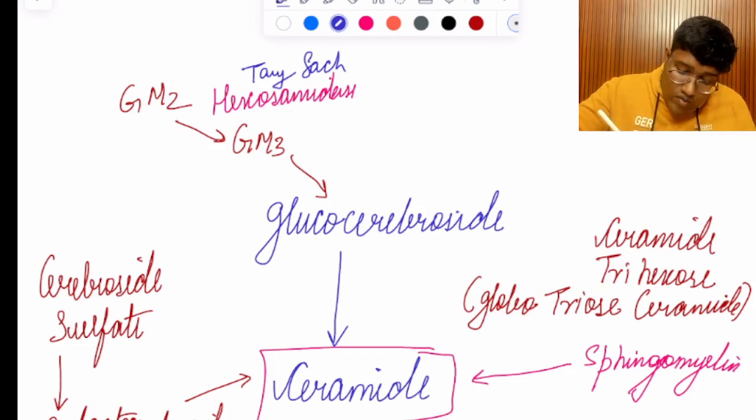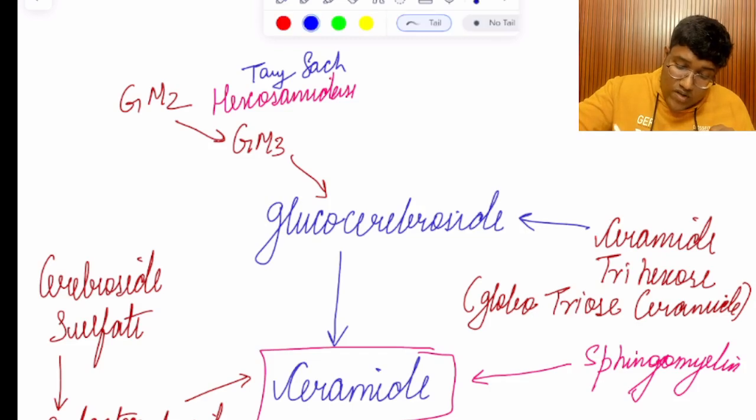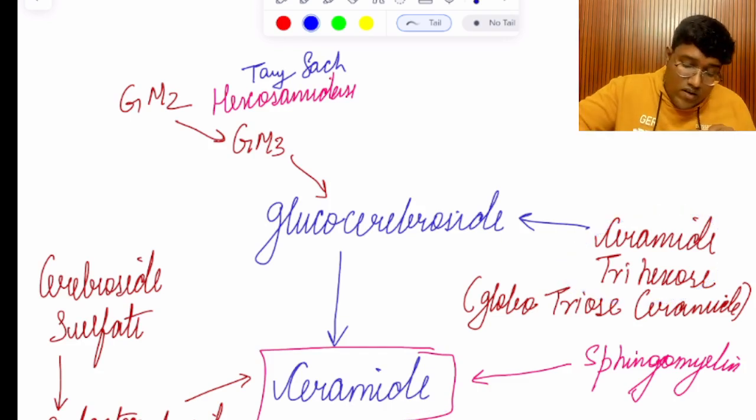Now, I forgot to make this connection. Ceramide trihexose, or whatever it is called, should always be remembered separately from the ceramide which is alone. It's very important.